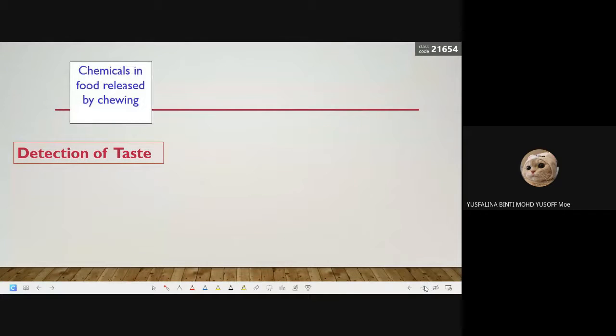So this is the mechanism. How does our tongue work? First, the chemical in the food is released by chewing. So you have to chew the food first. Inside the food, they got the chemical substance. Then the chemical is dissolved by saliva.